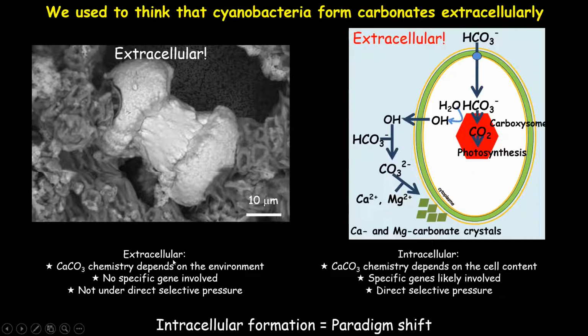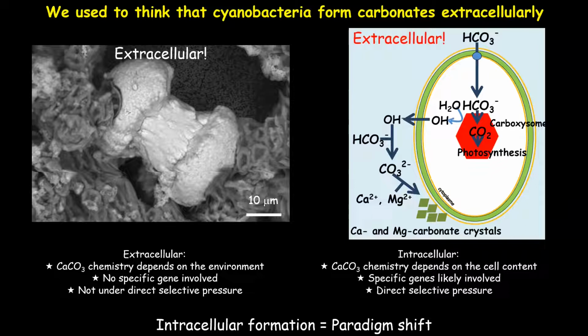There were several outcomes from that paradigm. One is that the chemical composition of the carbonates that you form outside of the cells depends on the chemical composition of the solution outside of the cells. So if you are in a lake with a lot of magnesium, you may form magnesium carbonate. If you are in a lake with a lot of strontium, you may form strontium-rich carbonate.